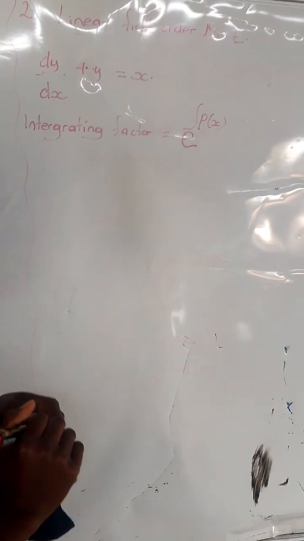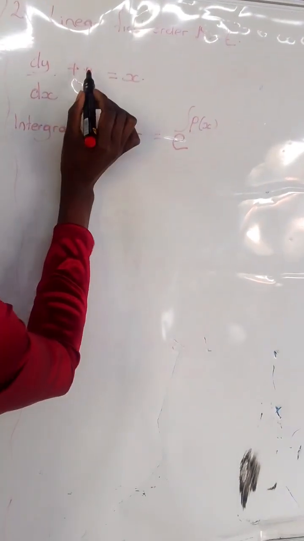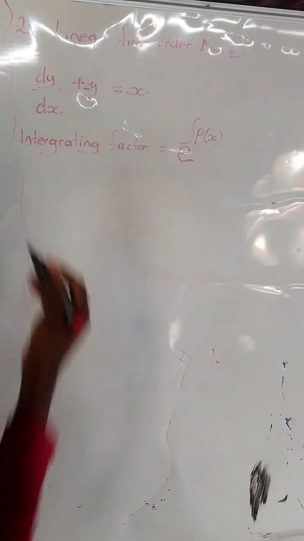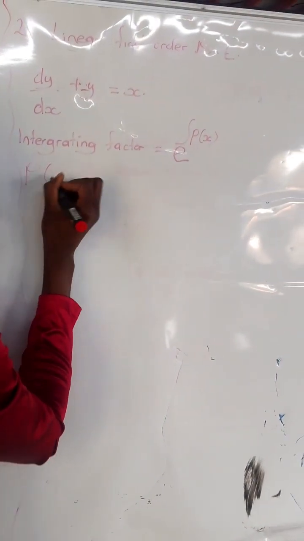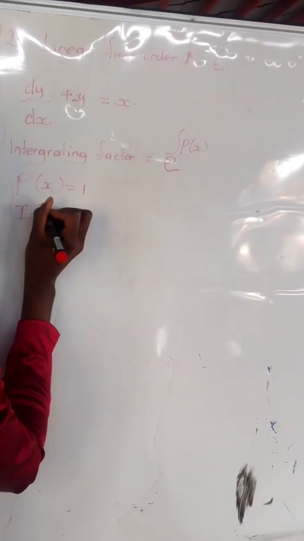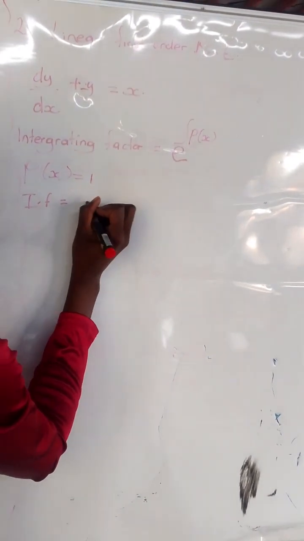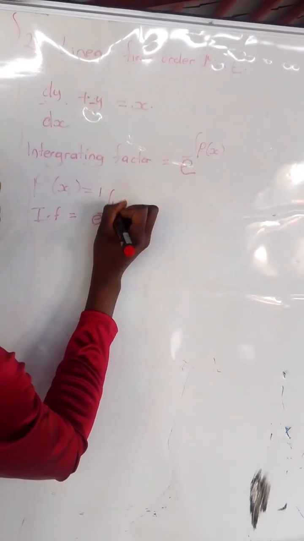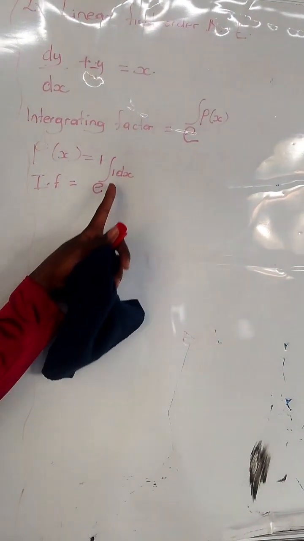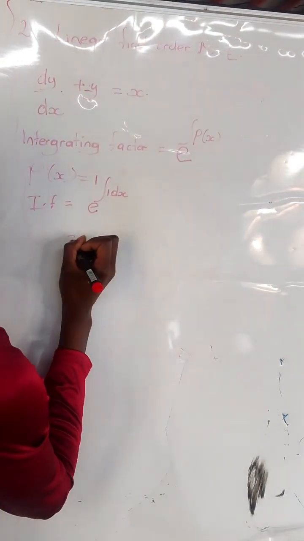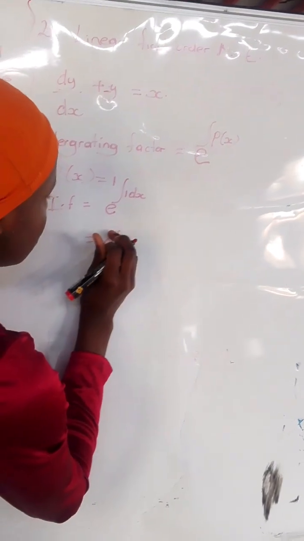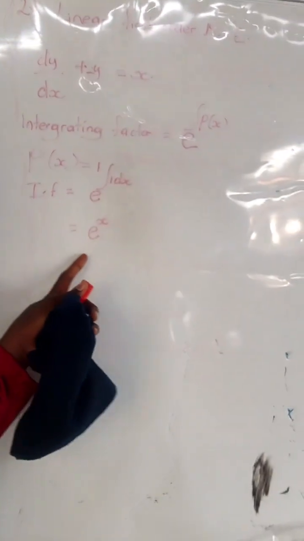Now what is our P(x)? It's the coefficient here. The coefficient here is a 1. Therefore, our P(x) is 1. Our integrating factor is e power integral of 1 in respect to x. If we integrate this, we're going to get e power x. Now this is our integrating factor.